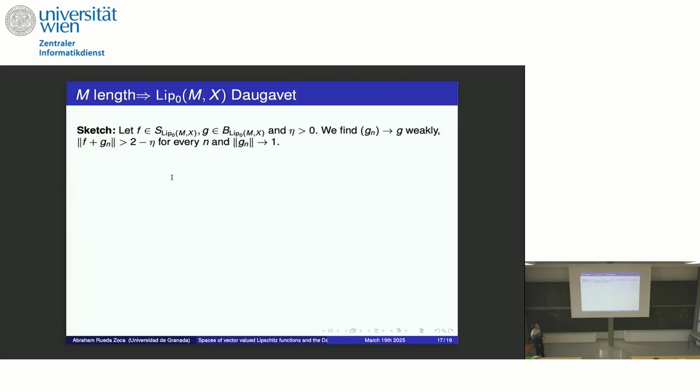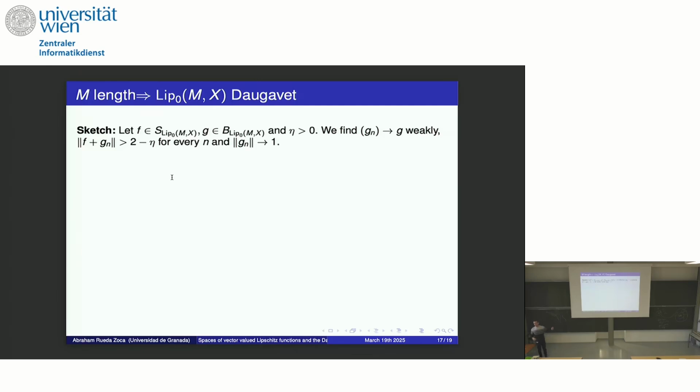Let's find a sequence Gn which is weakly convergent to G, so that all the terms are far away from F and that the Lipschitz norm converges to 1.